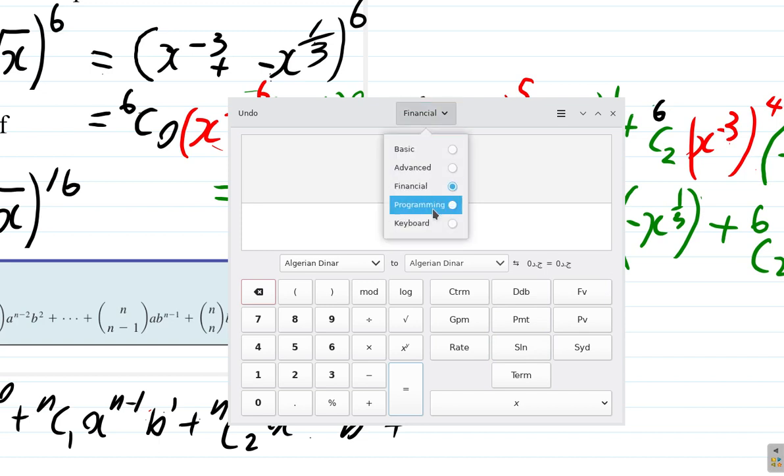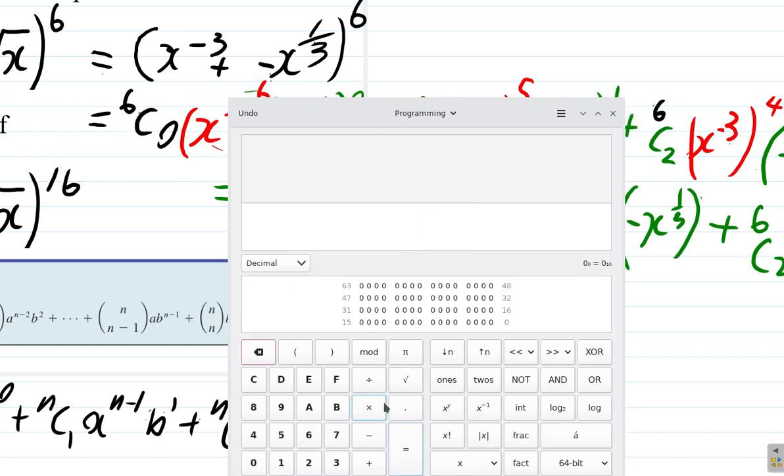Doesn't seem like I have factorial on this calculator. Oh, let's see. Oh, it's just factorial. Not the factorial, I mean, the combination. There's a combination. All right.